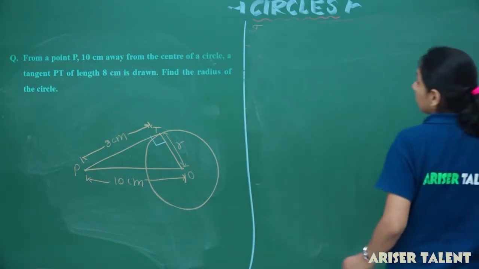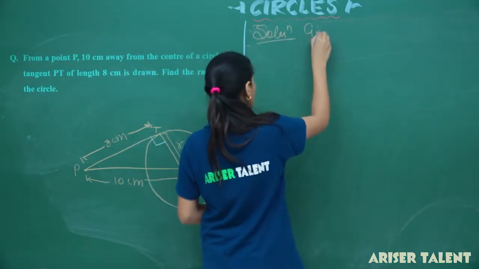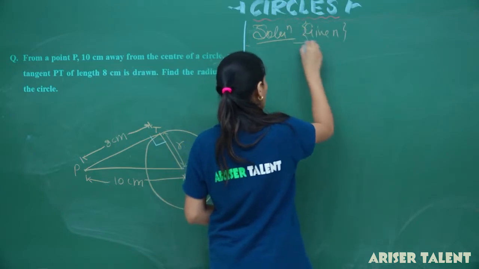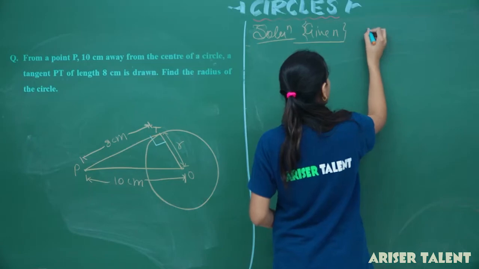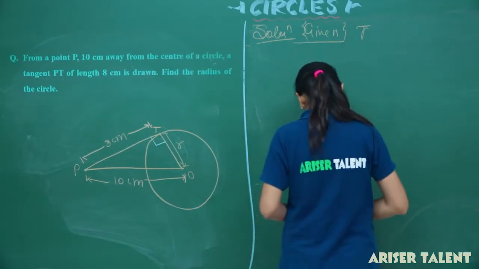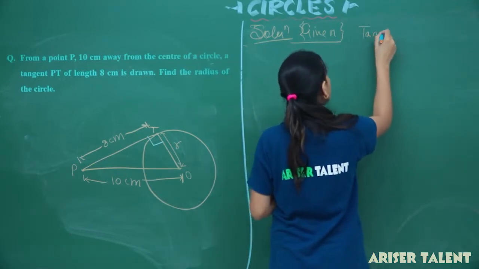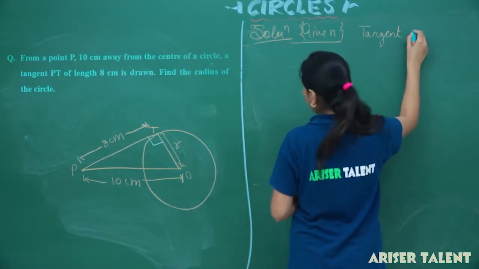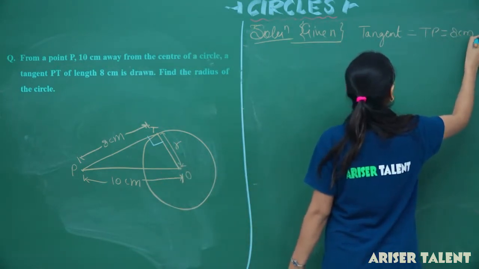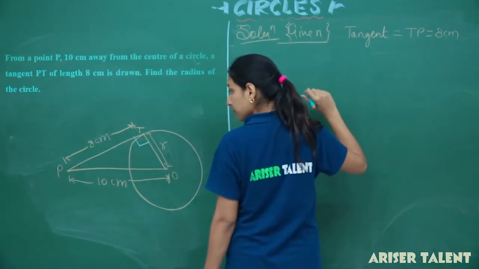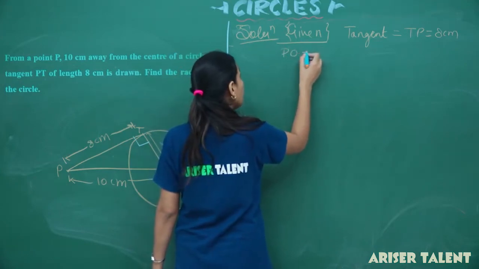You have some given information, that is, tangent TP equals 8 centimeters, and this PO, now PO is what?